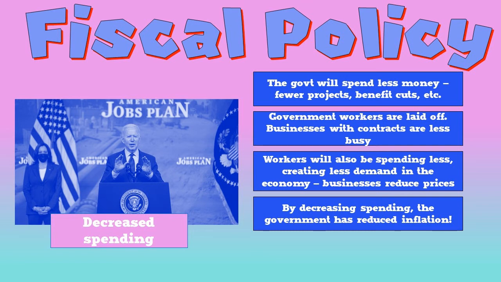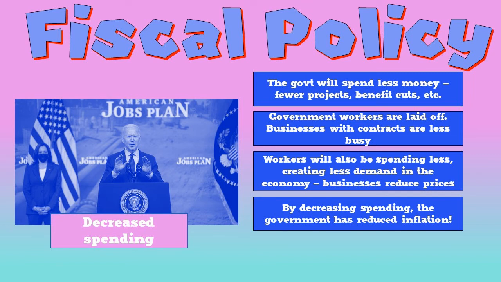We get the same result when the government cuts its spending. So if the government is spending less money, the opposite of what happened before will happen here. So there are going to be fewer projects. There's going to be fewer benefits for people that rely on government programs and things like that. So when government workers are laid off, construction projects stop and things like that, businesses with contracts are not as busy as they used to be.